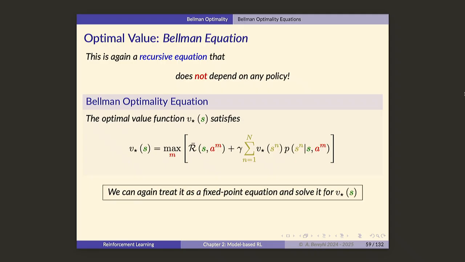If I know the optimal action value, can I write down the optimal policy? Yes? Problem solved. Everybody's clear? So once you know the MDP, you can write down the optimal Bellman constraint to find the optimal value function. From that one, you use Bellman again to get the optimal action value function.